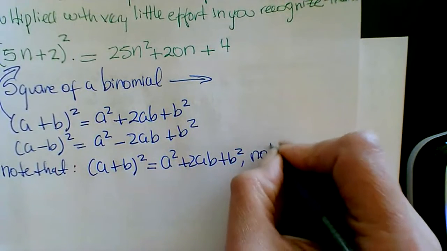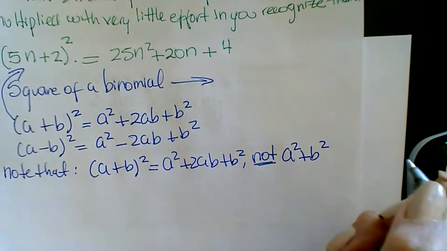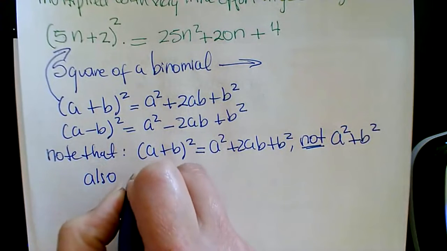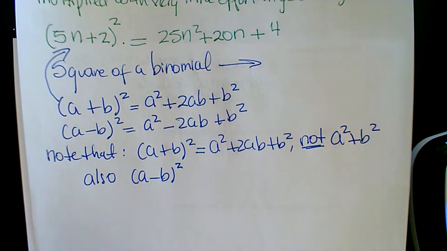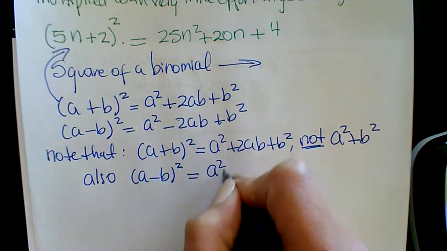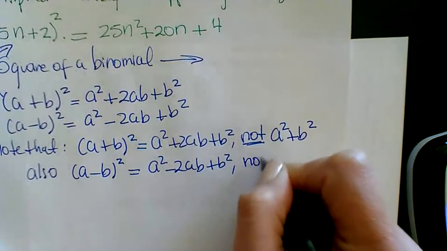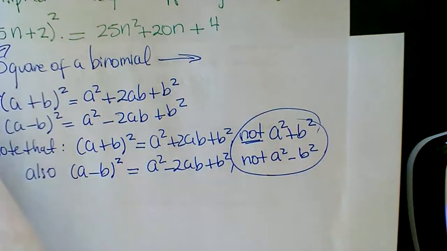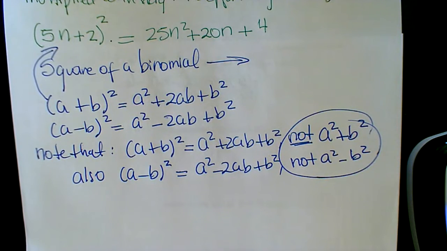This is not equal to a squared plus b squared. Also, if we have (a minus b) squared, it's the same as what we just did, and this is not a squared minus b squared. Don't forget that. No, it needs to be (a plus b), everything to the second power.